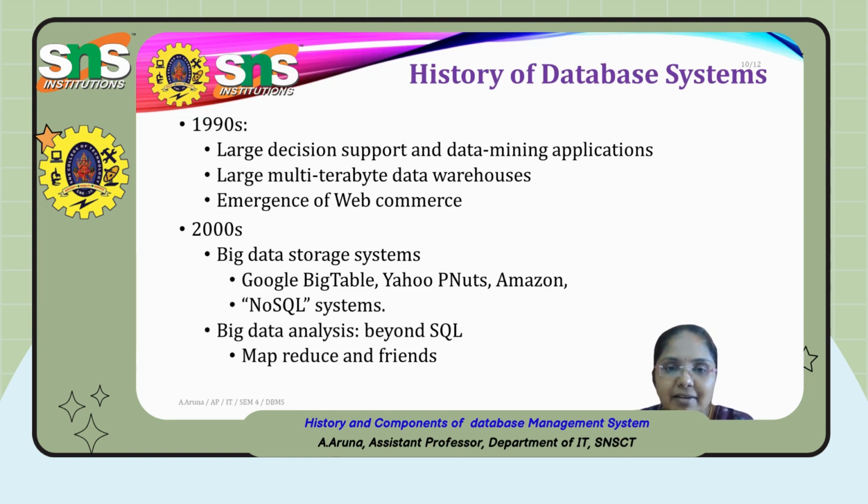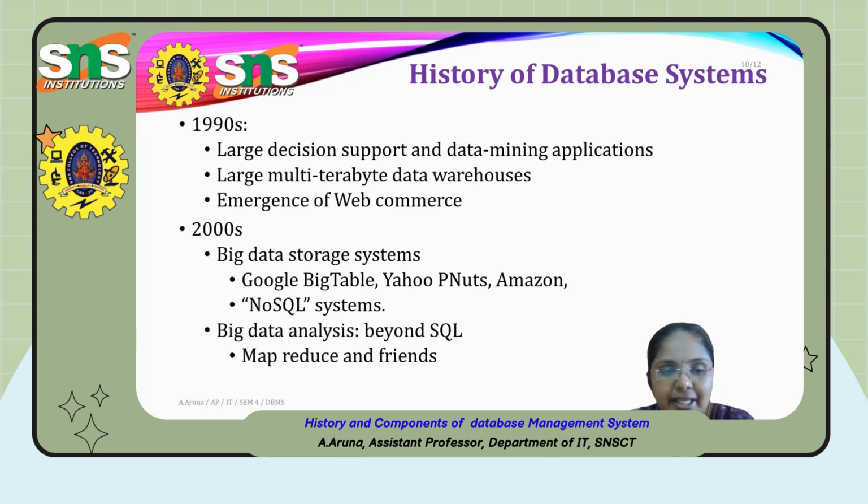So nowadays our banking sector uses SQL databases for storing their own data. Beyond SQL, they developed NoSQL. In big data analysis, they go for MapReduce. It is supported in the Hadoop framework, the Hadoop ecosystem. We have HDFS as a basic component, and MapReduce is a basic thing.